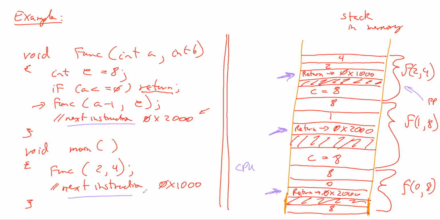As an attacker, that's the thing that you want. You want to change this return address to point to something else. Preferably, if possible, another address in memory that you control.